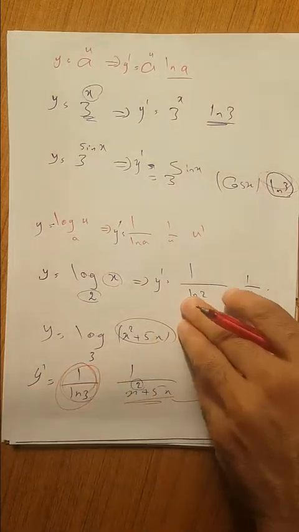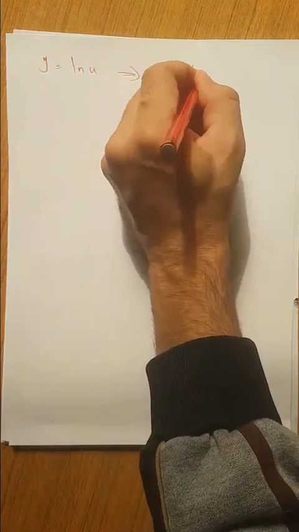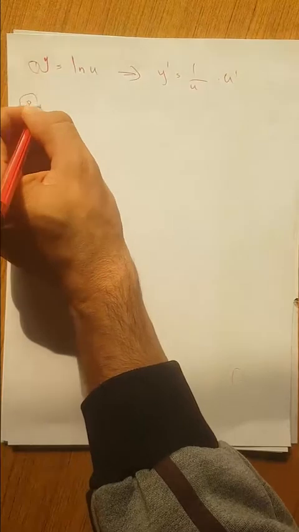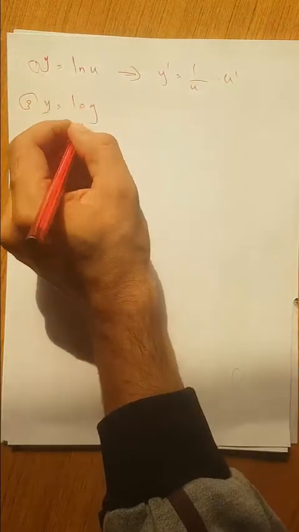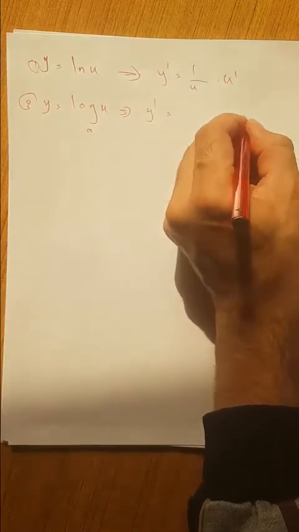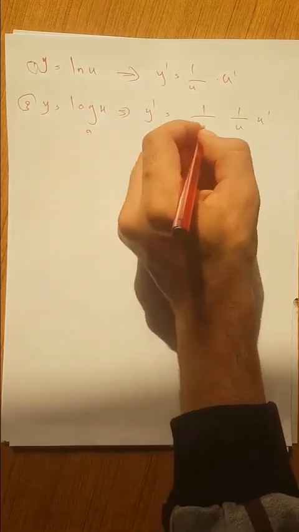Now I'm summarizing this lecture. If you have y equal to ln u, directly you can say y prime is equal to 1 over u times u prime, the derivative of u. Second, if you have a log, directly you can say the same as here, but just with 1 over ln of the base.